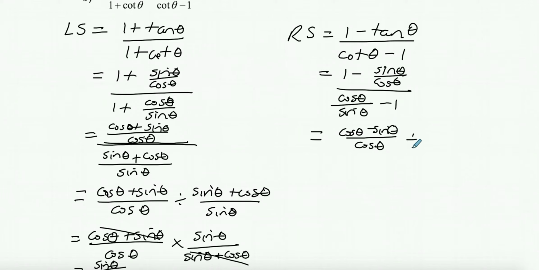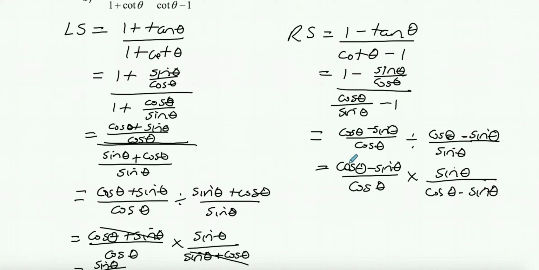And I might try and skip a step here. And then I would invert and multiply. And again, I notice that my numerator and denominator could cancel out. And I have sine theta over cosine theta. So I have proven this identity to be true.